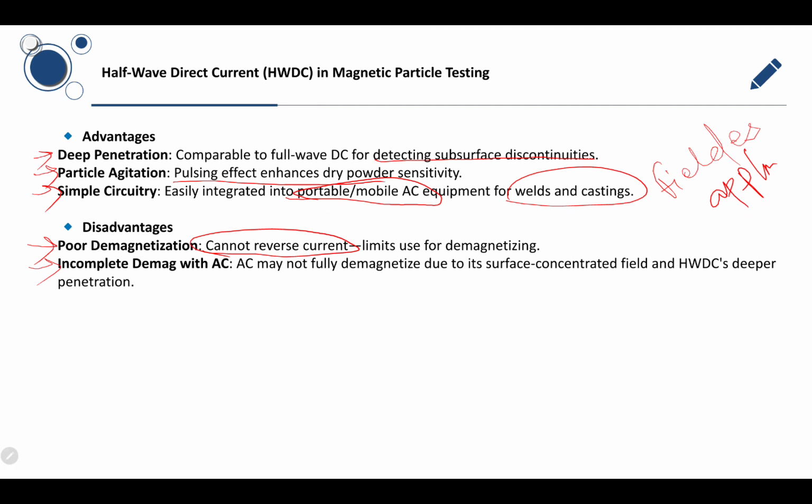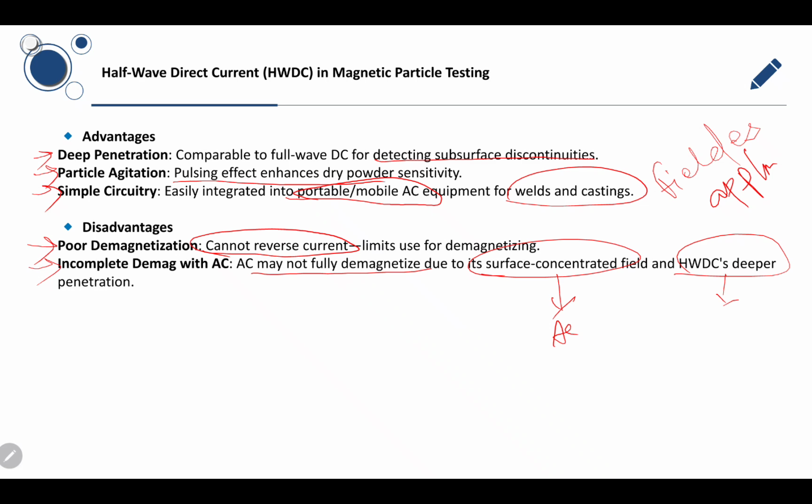If you try to demagnetize a part inspected with half wave DC using AC, it may not fully demagnetize. It may not be fully effective because AC's field is surface concentrated, while half wave DC has deeper penetration.